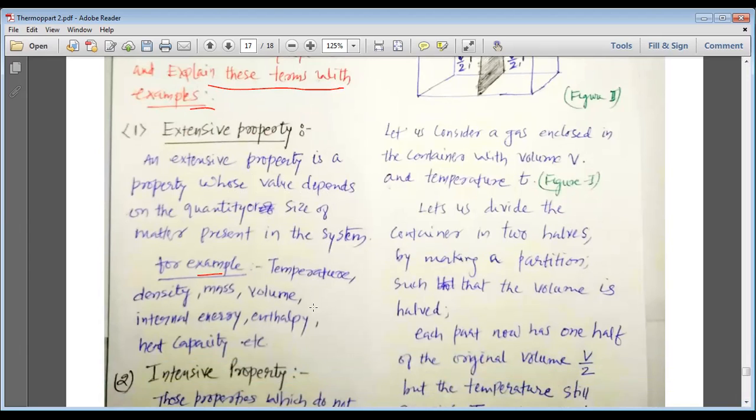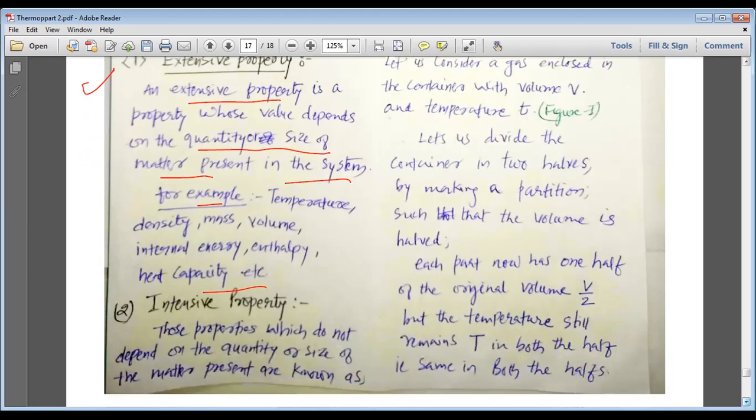So for example, if we consider extensive properties, we have temperature, density, mass, volume, internal energy, enthalpy, and heat capacity. On this basis, we can understand the extensive property. The important point to remember is that an extensive property depends upon the quantity and size of the matter present in the system. So if a thermodynamic property depends upon the quantity and size of matter present in the system, we call it an extensive property.